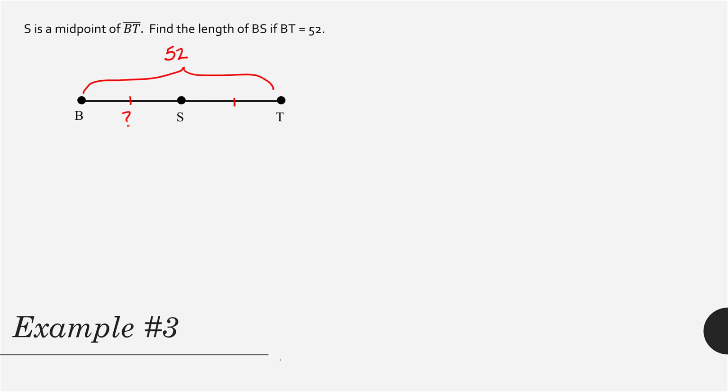So this time when we write this out, our geometry, we could use our segment addition and say that BS plus ST equals BT. We can also use this definition of midpoint.